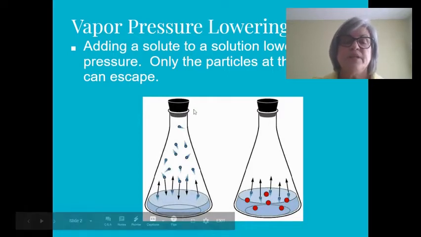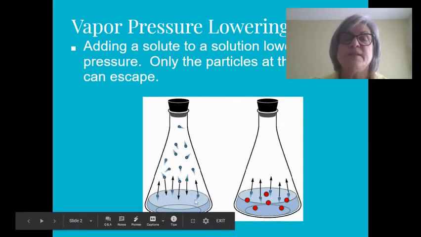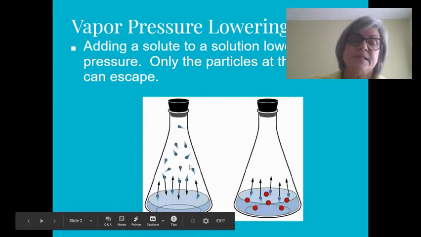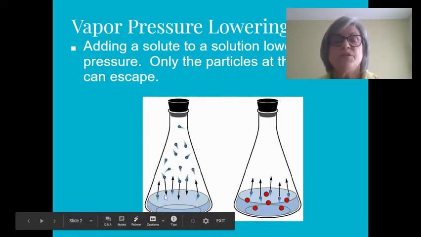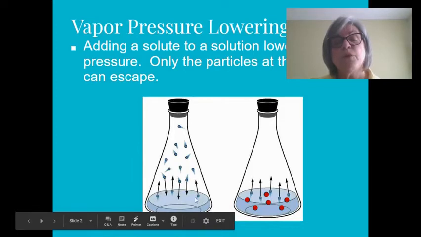So notice that the container is closed in this Erlenmeyer flask, and at the surface there are constantly a few vapor or solvent particles that have enough kinetic energy to escape into the atmosphere. And once they escape, some of those particles get close to the surface of the solution again. And as their kinetic energy decreases, the attractive forces of the particles at the surface will attract those and bring them back into solution.